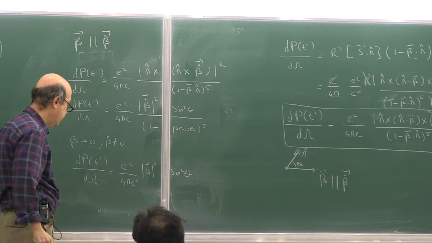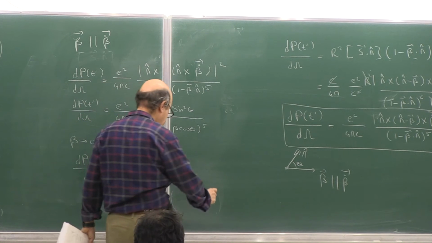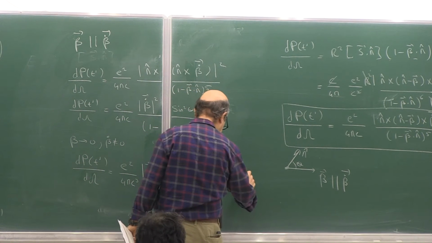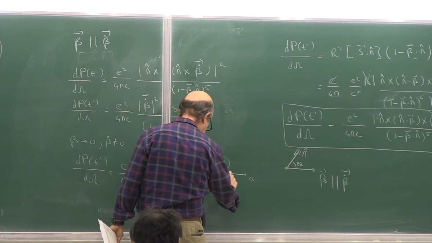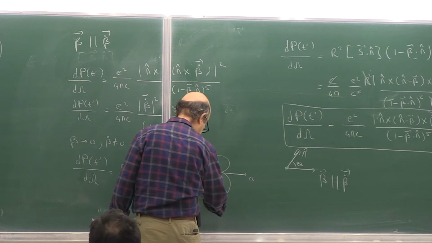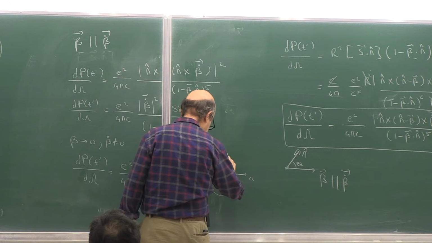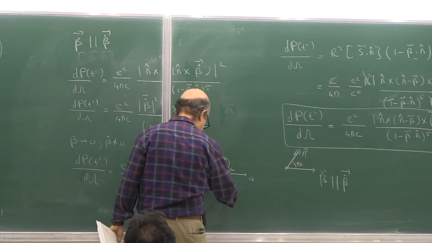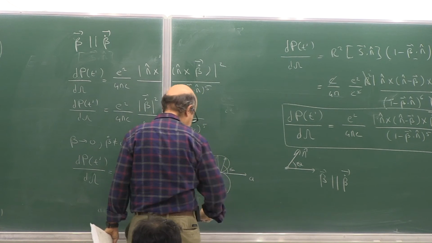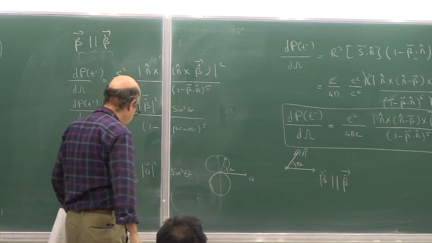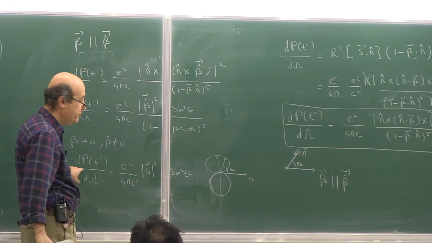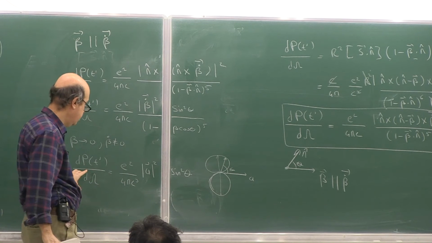When the acceleration is non-relativistic, the distribution of the radiation is a pure dipolar form. This is the angle theta, and the radiation is maximum at pi over 2 and drops in the forward direction.